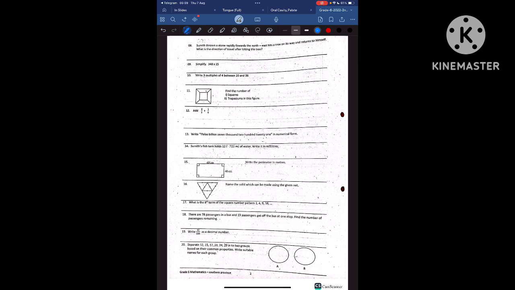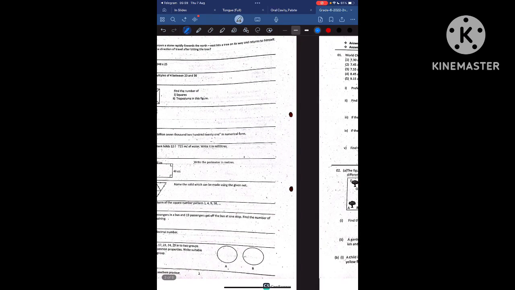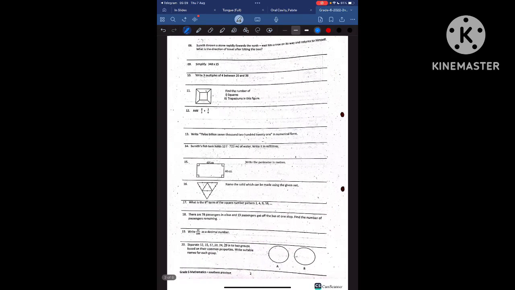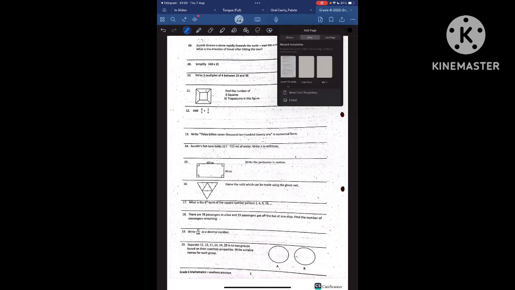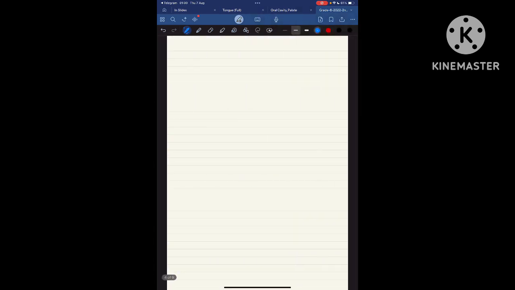Now, Sumit thrown a stone rapidly towards the northeast, hit the tree on its way, returned to himself. What is the direction of travel after the tree? Check the question again. See if you understand the question. Right. Tell me the directions. North and this one, south.